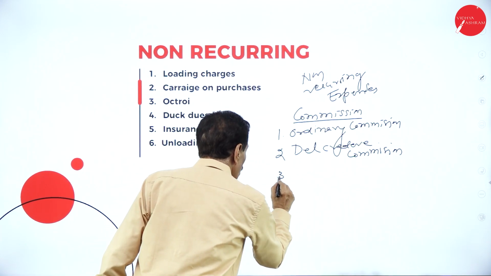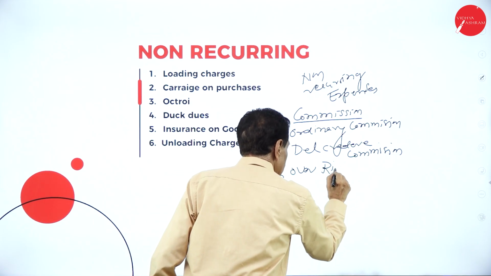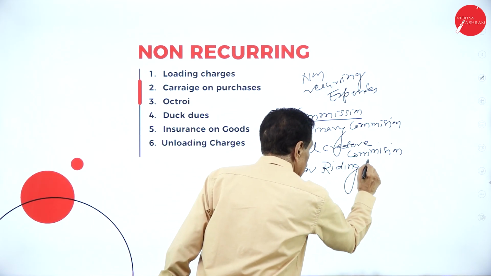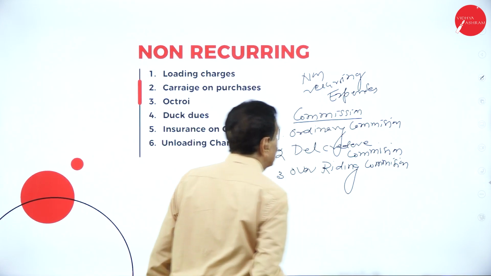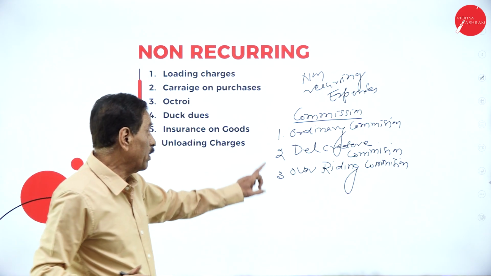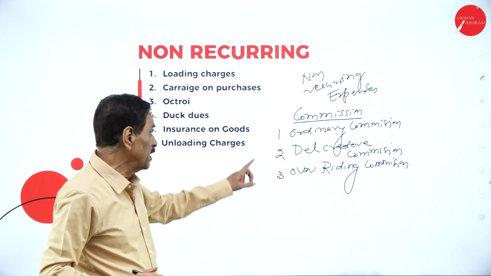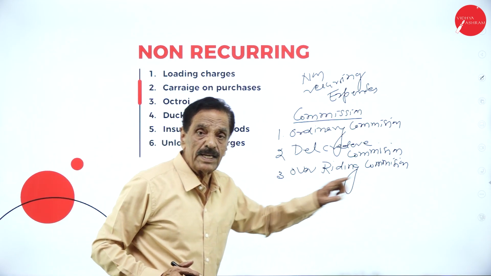Number 3, overriding commission. So commission, there are 3 types of commission. One is called ordinary commission. Second one is called Del Credere commission. Third one is called overriding commission.